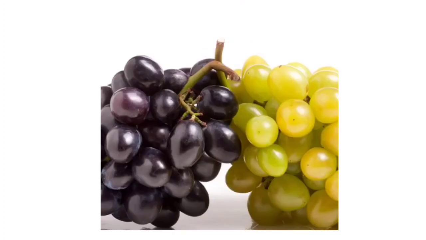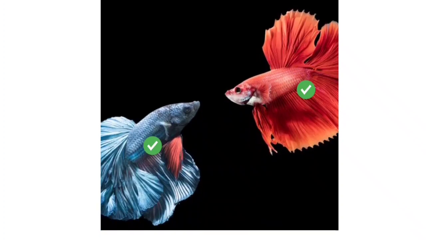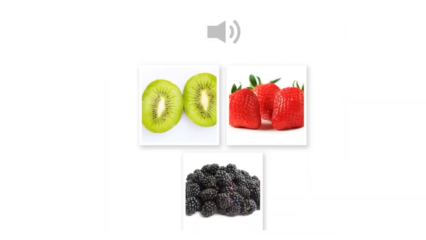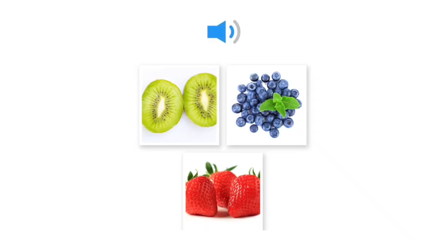Let's practice all the colors. Black, green, red, blue, white, yellow. Where is red color? Red. Green.